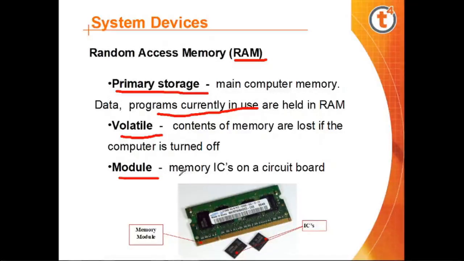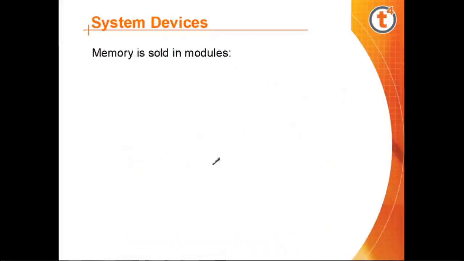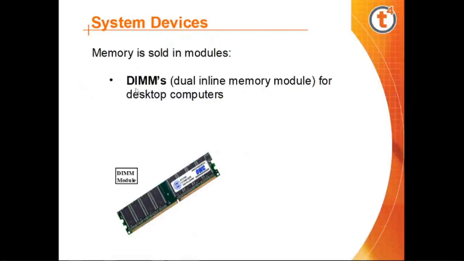A memory module consists of memory ICs on a circuit board. These ICs come in a small size on the memory modules. DIMMs are dual inline memory modules for desktop computers.